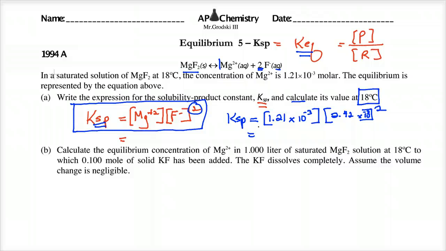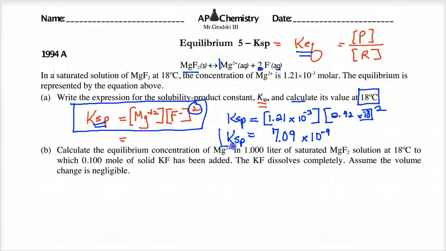I'm going to square that, and I get 5.86 times 10 to the negative 6, and then I would take that and times that by 1.21 times 10 to the negative 3, and I get my Ksp to equal 7.09 times 10 to the negative 9. No units for Ksp.